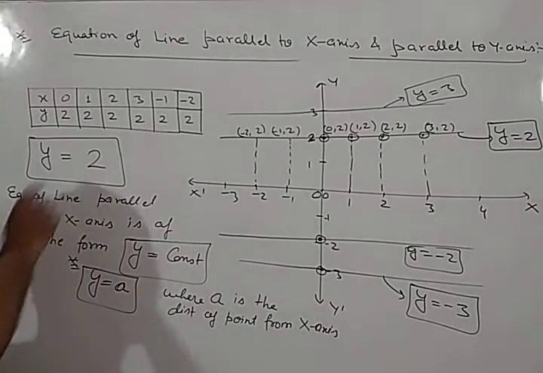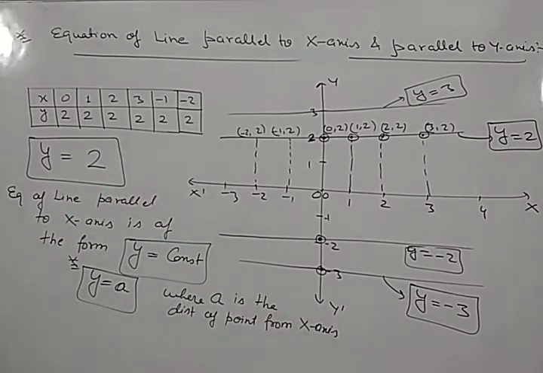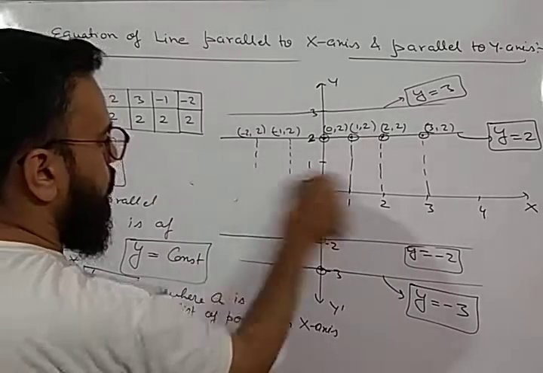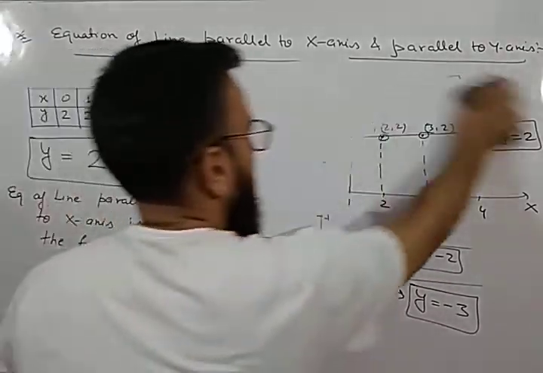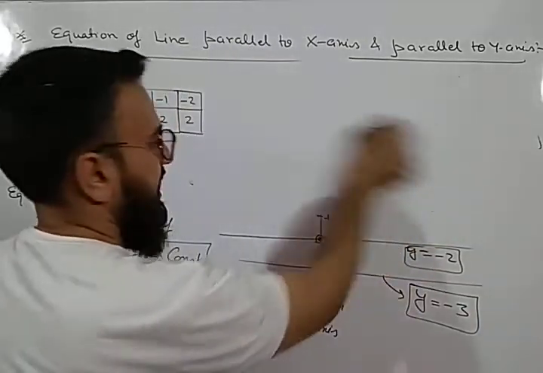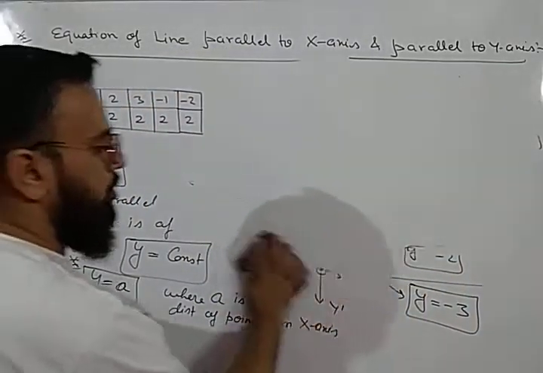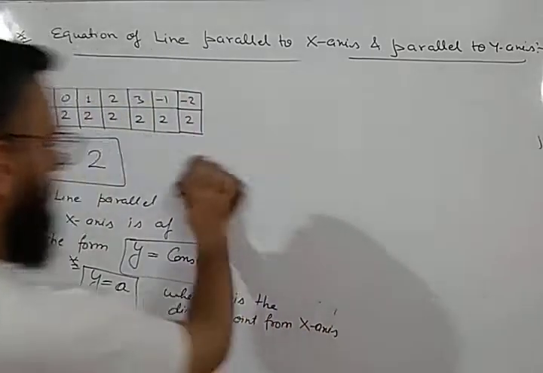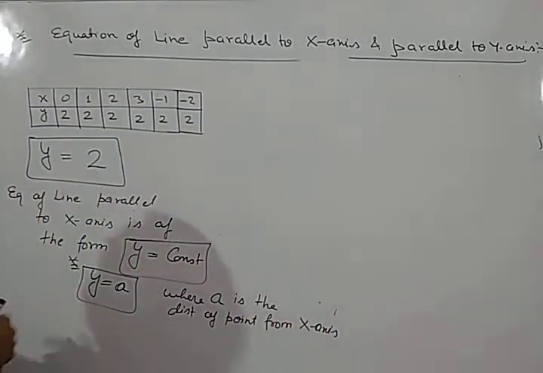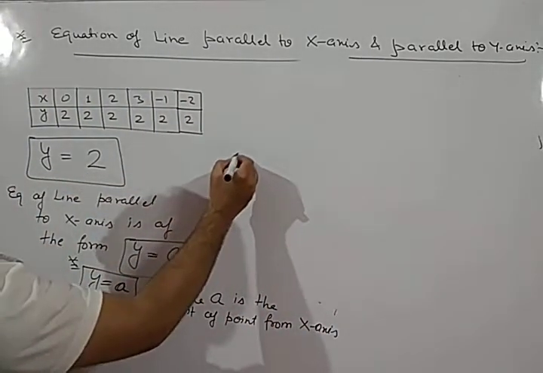If you want to convert this equation into two variables, because it is in one variable, we can do it like we converted the equations of the x-axis and y-axis into two variables.